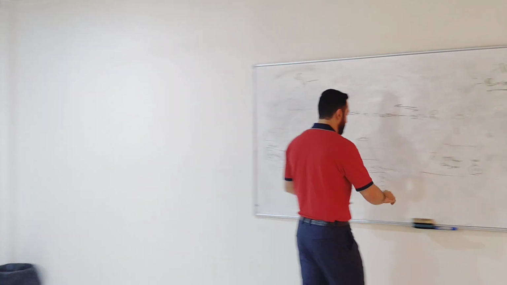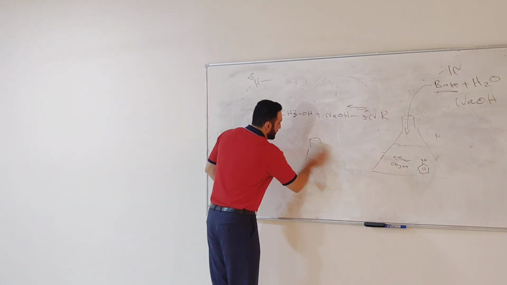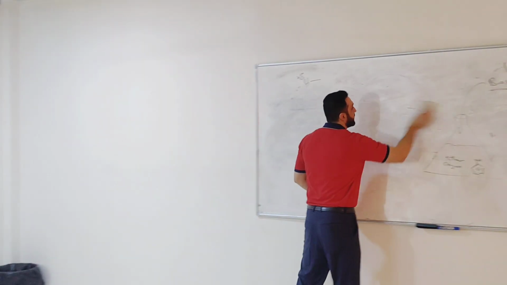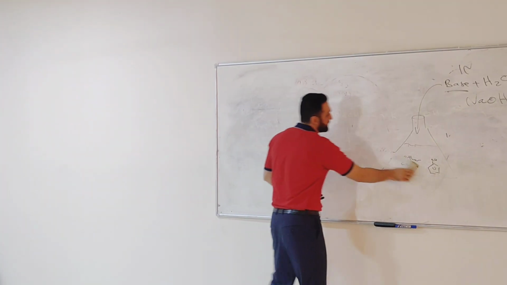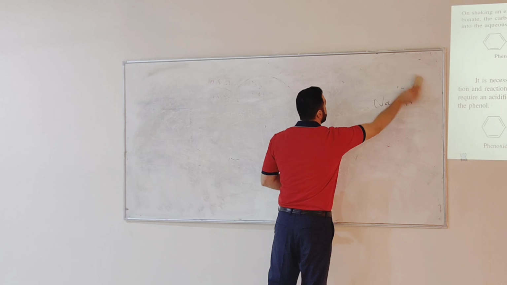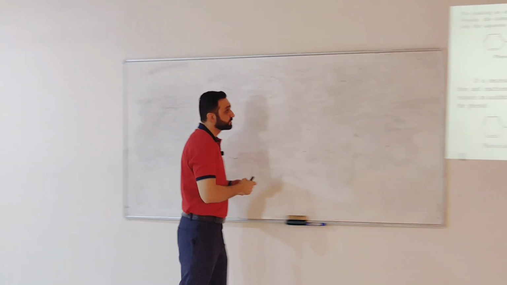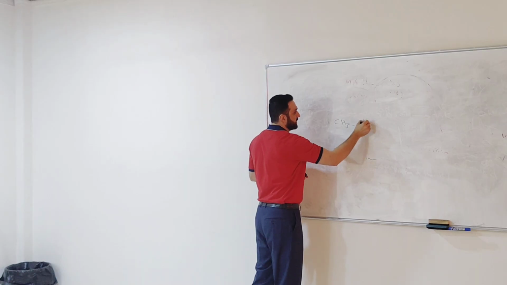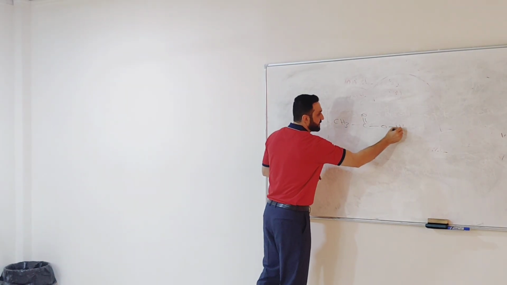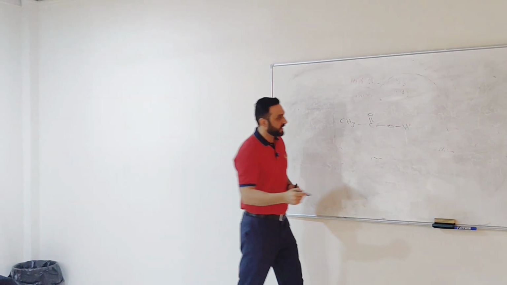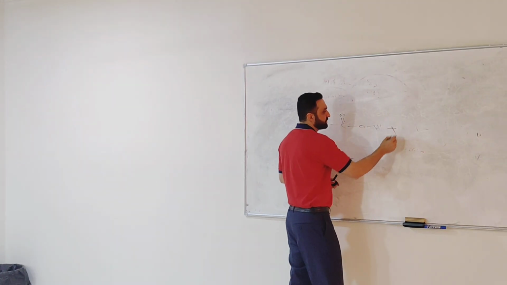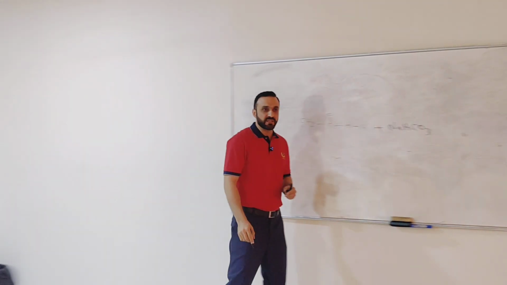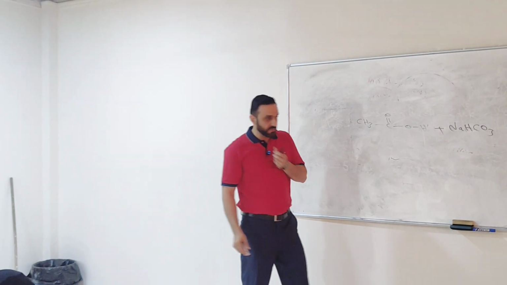So if you have here a carboxylic acid like this, CH3, this carboxylic acid, okay? I don't give you the equation here. And NaHCO3, sodium bicarbonate.